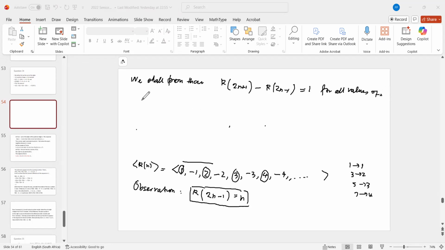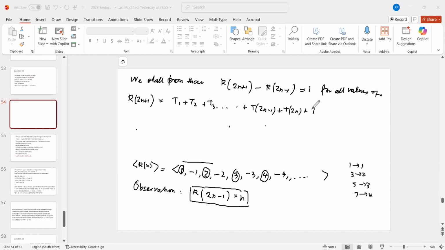You have R of 2n plus 1. Now remember, this is the sum of the first n terms of the t's. So this is t1 plus t2 plus t3. But here you'll have to go up to 2n plus 1. So you put 2n minus 1 plus 2n.